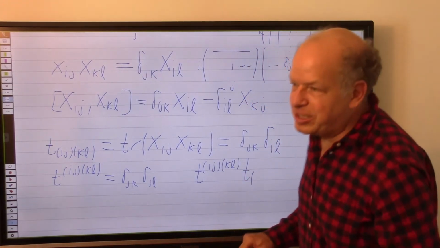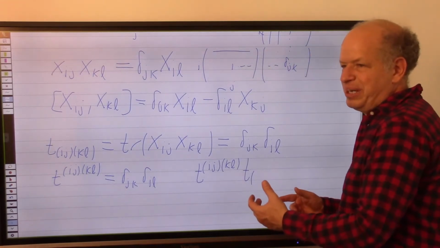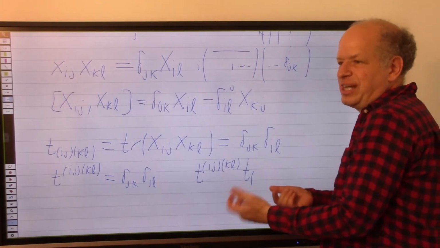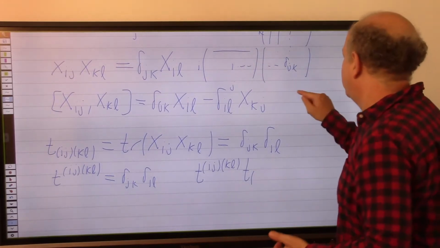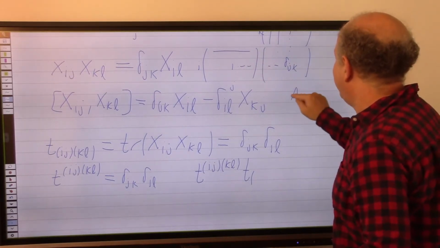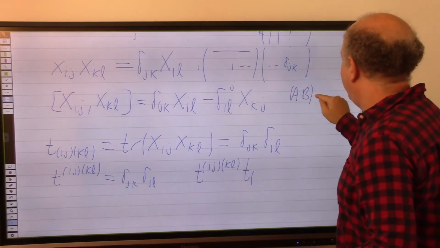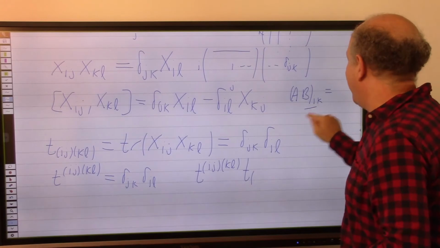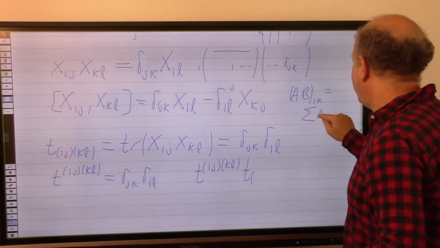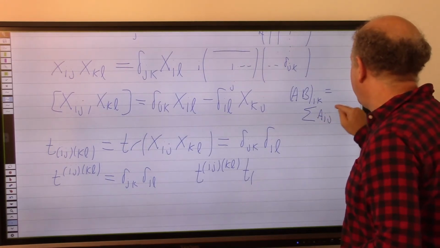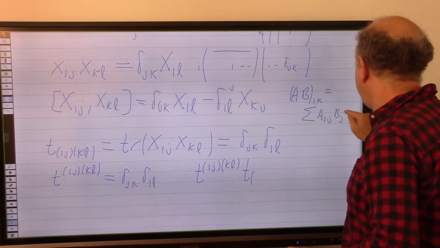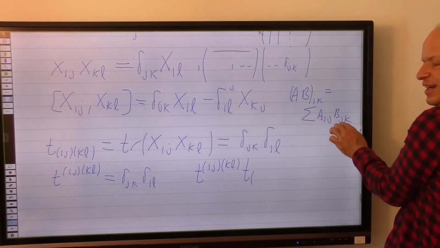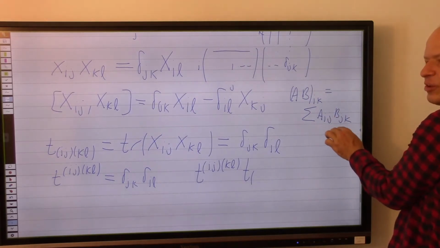So what's matrix multiplication? Matrix multiplication is the middle index gets repeated and you sum over all possibilities, right? So I mean, what's (AB)_IK? It's the sum over J of A_IJ B_JK. So you repeat the middle index and you sum over all possibilities for it.